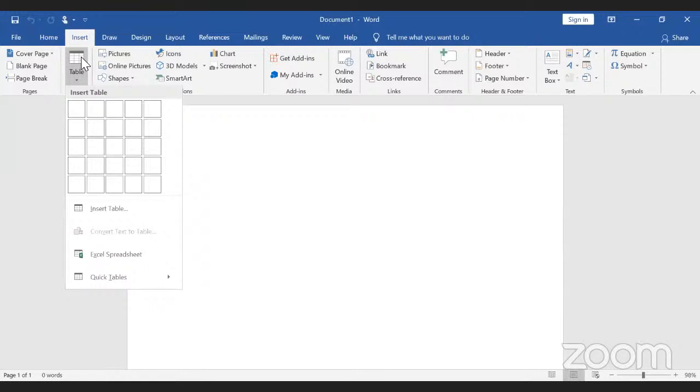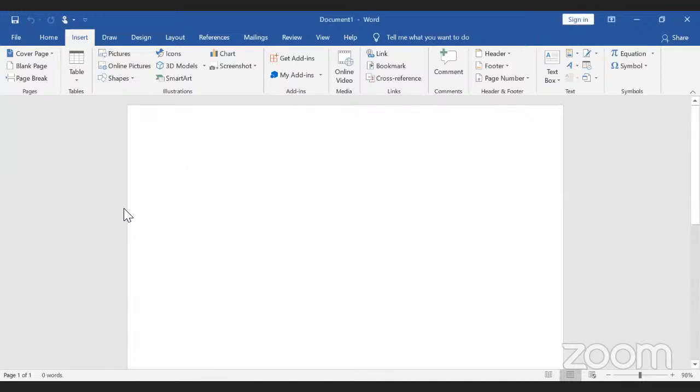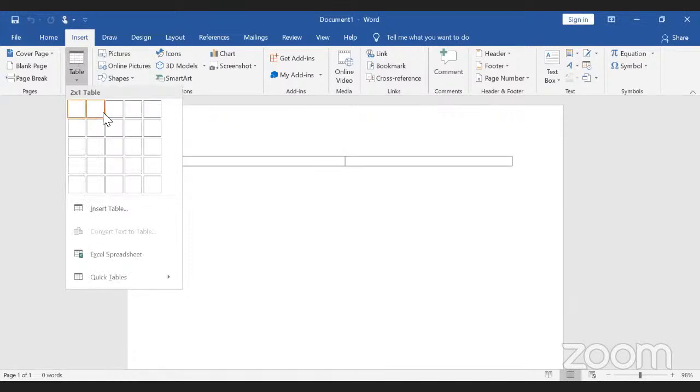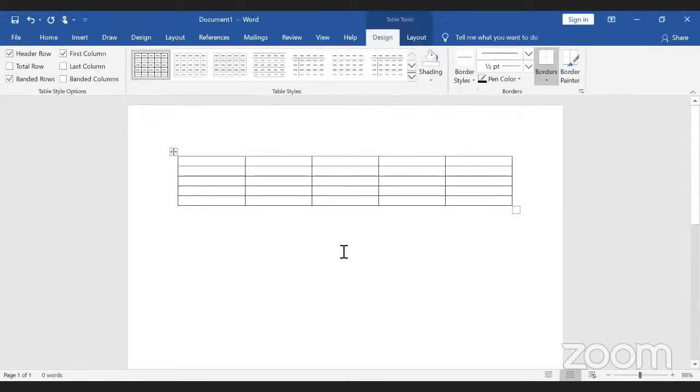Okay, now let's put some table where maybe we'll put some data. I want some columns, just a minute. Okay, I believe that will be okay.